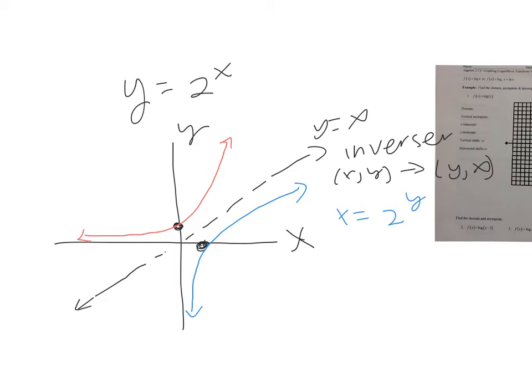And now notice the graph actually goes through the x-axis. The x-axis is not my asymptote. Instead of having a horizontal asymptote, it has a vertical asymptote. And the asymptote is my y-axis in this case. So remember, we don't like to have things in x equals form, and that's where logs came from. So this was y equals log base 2 of x.